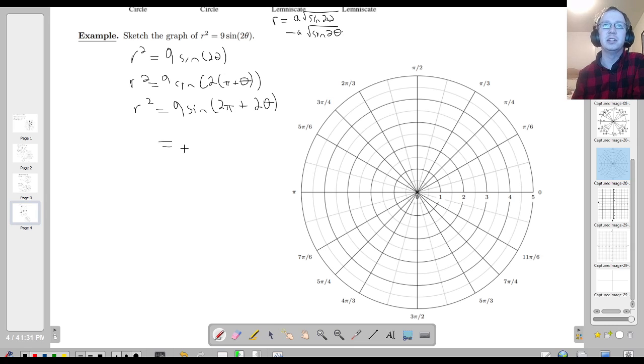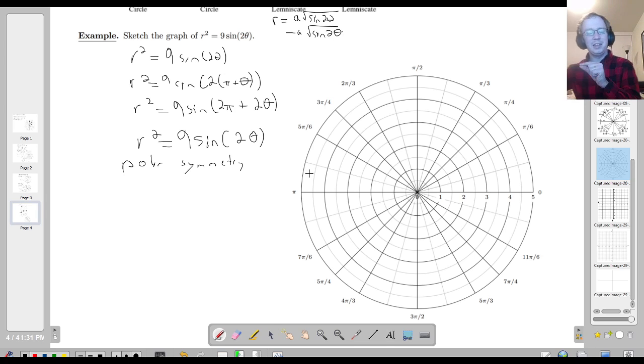The period of any trig function works with 2 pi. So this is the same as 9 sine of 2 theta, which, as it turns out, is the original equation. So that does confirm that I have polar symmetry. In other words, once I have some points, take each of those points and shoot it to the other side of the origin, and you'll have another corresponding point there.